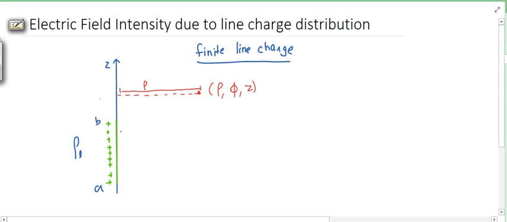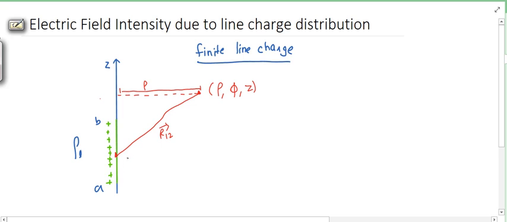I want to find the electric field at this point. So I have to consider a small length here. Suppose that small length I am considering here, and it has a displacement vector up to this point. So let's say r12. And I have to write the coordinates of this point as well.